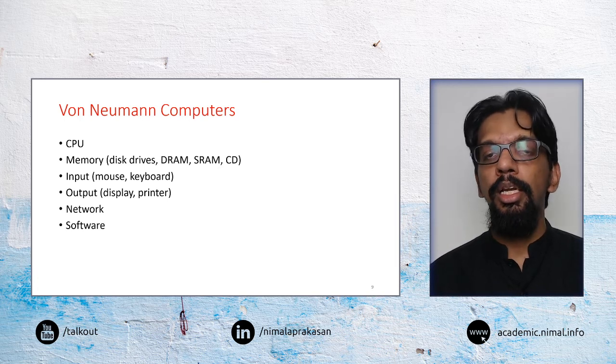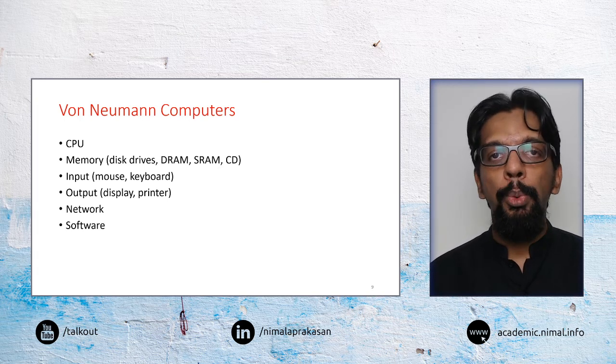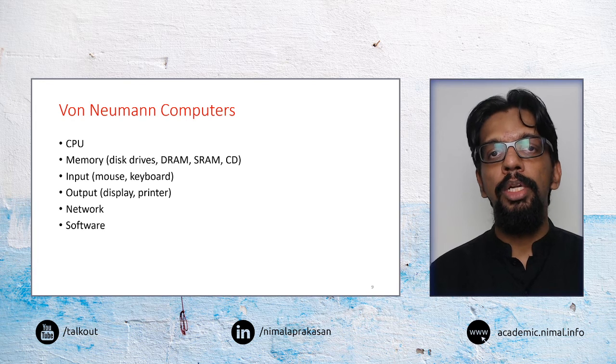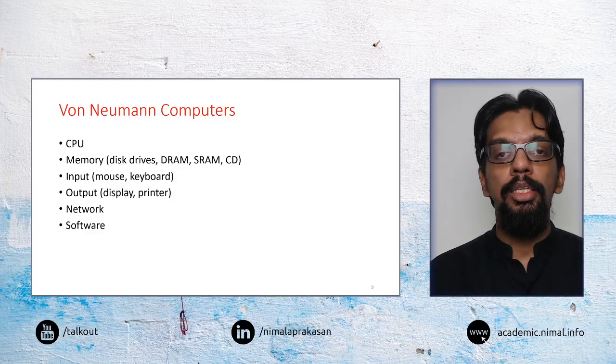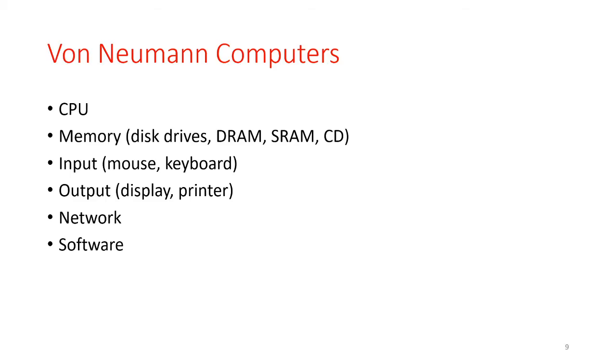Additionally, there could be other networking and communication components. And on top of all of these, there would be software that is connecting all these things and running to achieve certain functionalities in these computers. So that is the basic von Neumann architecture, one of the very foundational architectures that most of the computers we use follow.